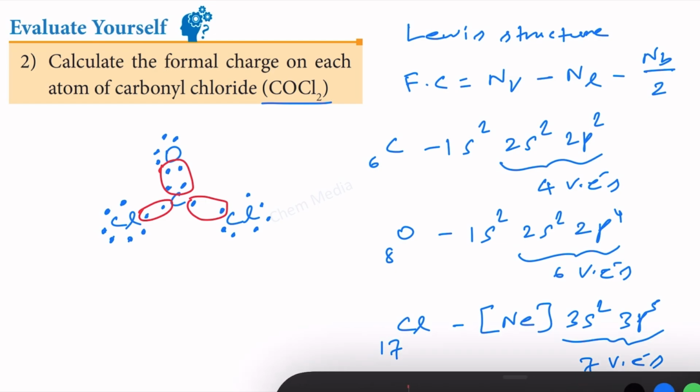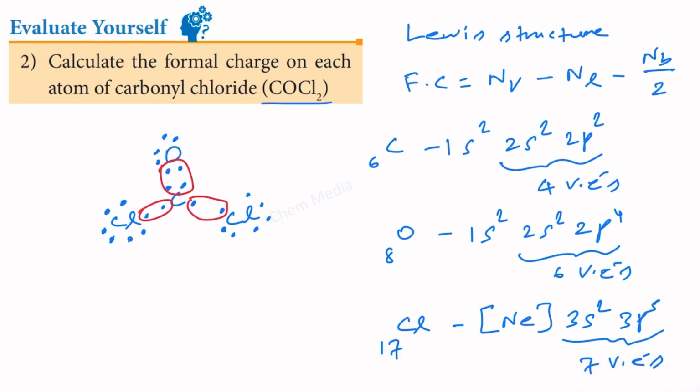Therefore, we can draw the structure this way: carbon and then 2 bonds, oxygen, and then 2 lone pairs, and then chlorine, and then remaining 6 electrons, that means 3 lone pairs. On this side also chlorine, and then 6 electrons, 3 lone pairs.